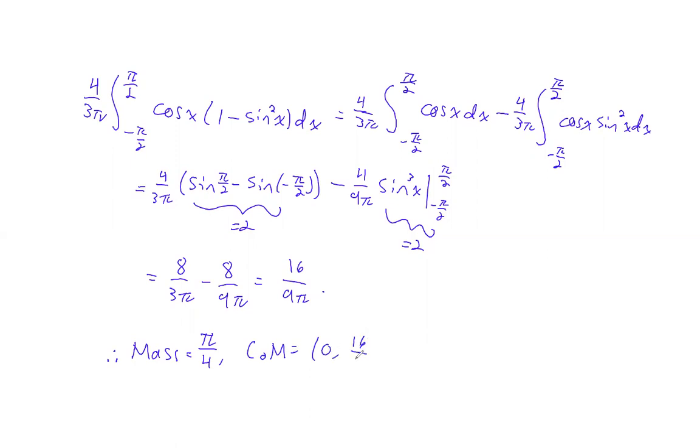And the y-coordinate we just found to be 16 over 9 pi. So that's basically all this stuff really comes down to, just figuring out what these different formulas give us in terms of mass and center of mass and all that fun stuff.